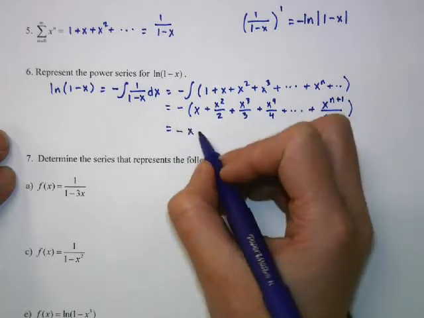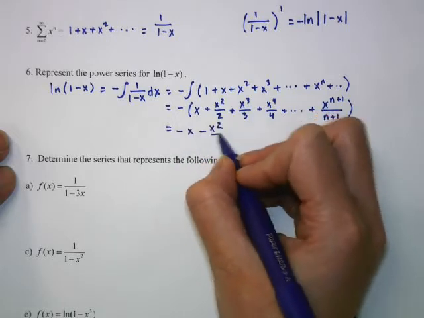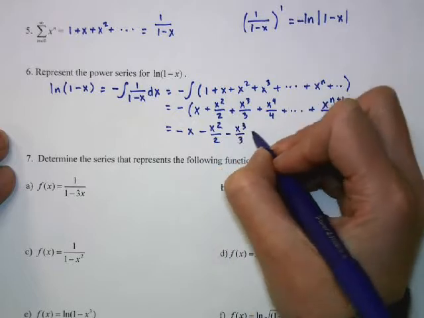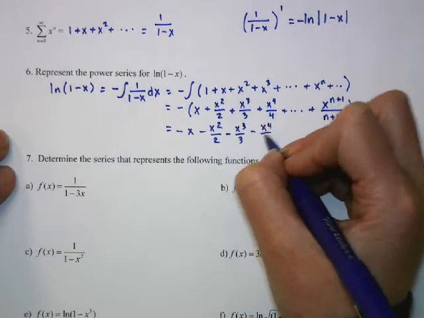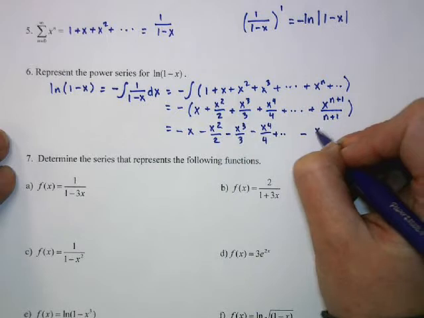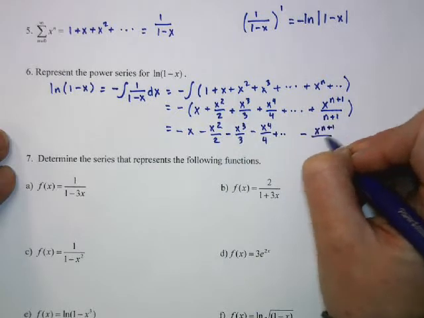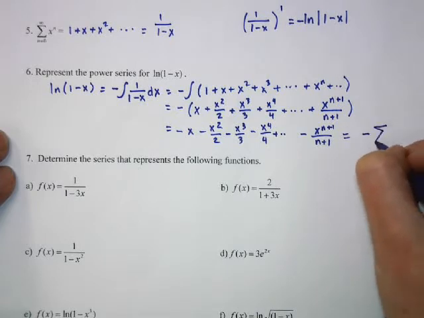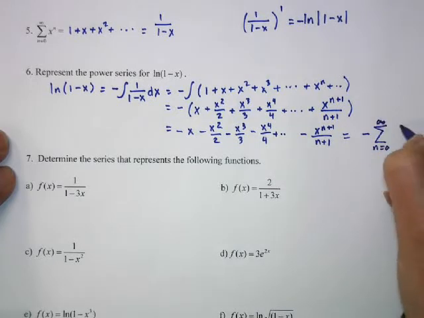And then distribute the negatives. So negative x minus x squared over 2 minus x cubed over 3 minus x to the 4th over 4. So I can write this as the opposite, sum from 0 to infinity of x to the n plus 1 over n plus 1.